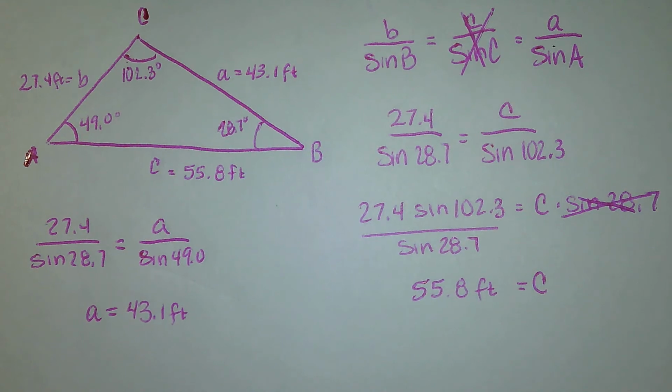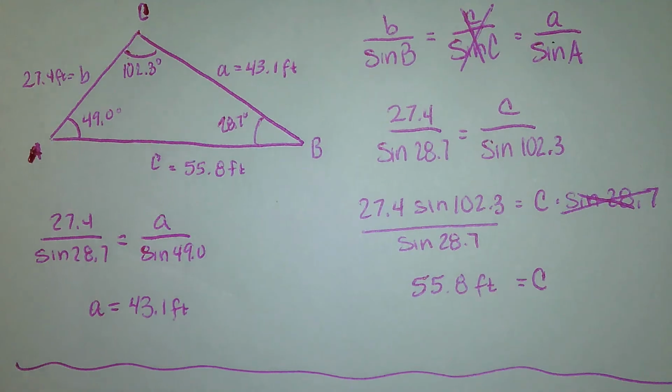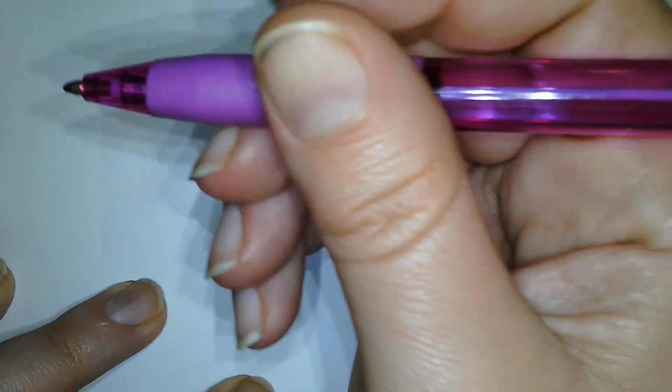If you get this, by all means, jump right to the end. If you are stuck, then I'm going to do another example right now. So stick with me, and once I draw out the triangle, you might want to pause it and try it out by yourself and see how far you get. So the next one we'll do, let me draw out the triangle for you.